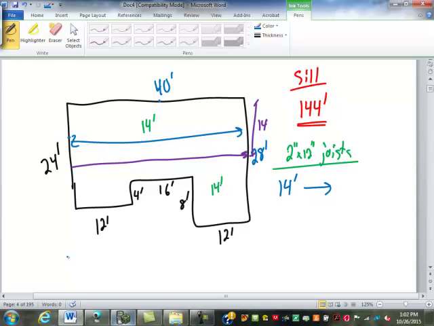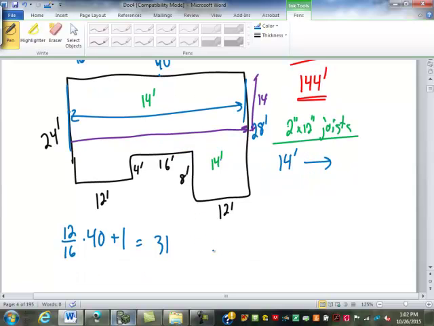So I'm going to go 16 inch on center again for this one. So it's 12 over 16 times 40 plus 1 or minus 1. 2x12 is going to be plus 1. I'll just use 2x12s on the ends, right? So what's that give me? 31. Is there any other place where I'm going to use 14 footers?